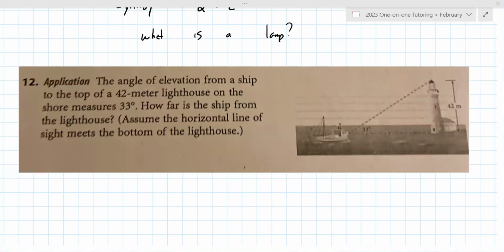All right, and then I just have to write the tangent. And I'm just gonna do the calculator.